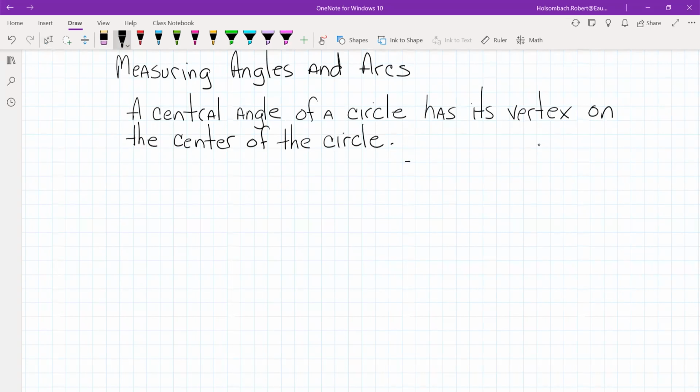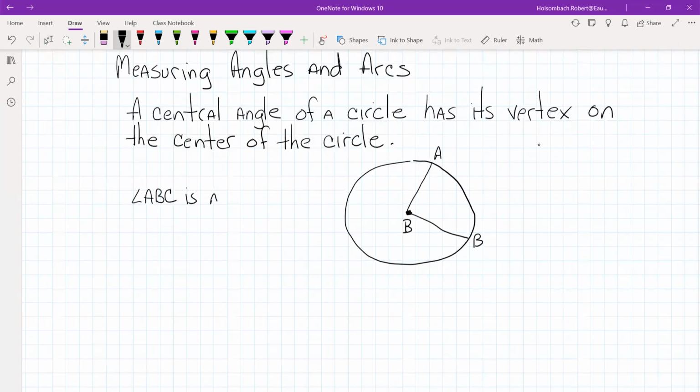So if we've got circle B, and then we draw an angle inside this circle, this is angle ABC. The vertex of the angle is on the center. Then we have a central angle. All right, angle ABC is a central angle.